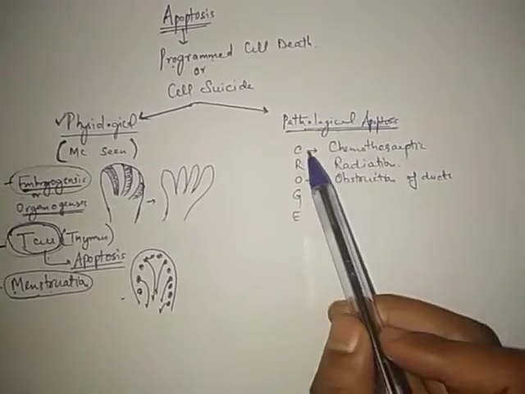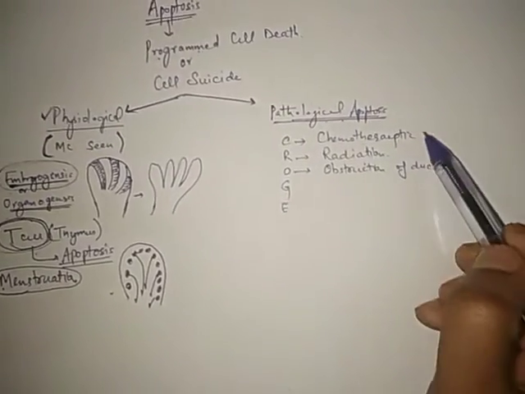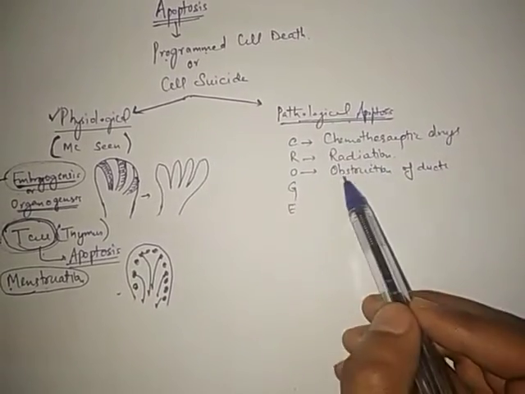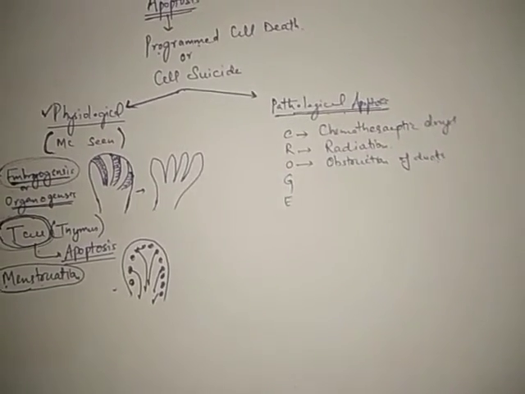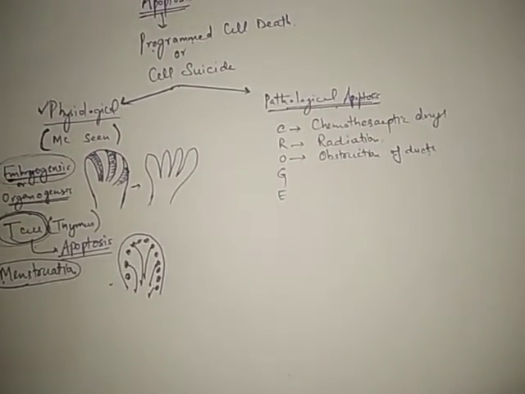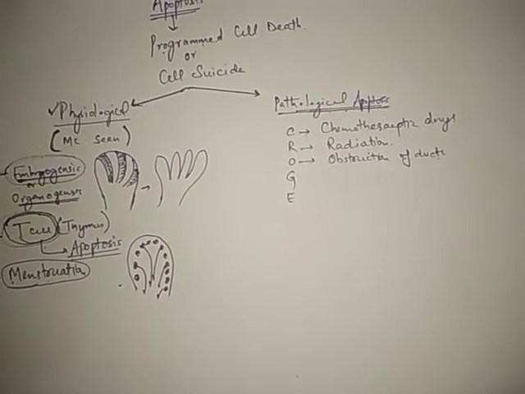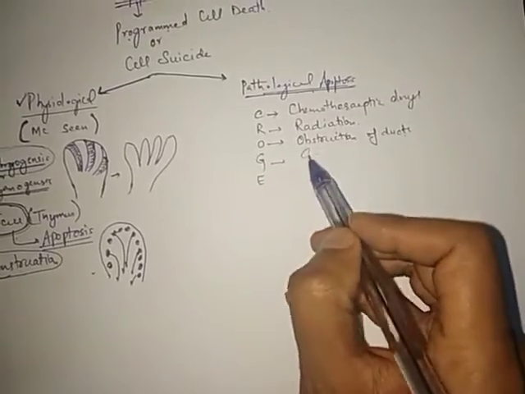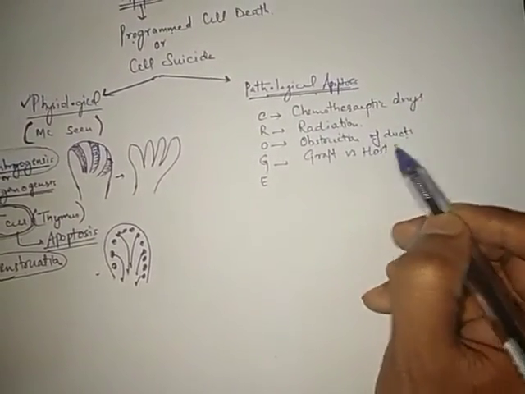So we have pathological apoptosis with the use of chemotherapeutic drugs, with exposure to radiation, and with obstruction of the ducts of the pancreatic glands, or sometimes even obstruction of the duct of the salivary glands can lead to apoptosis of the salivary gland. Sometimes the graft versus host reaction can also induce apoptosis against the host tissue.